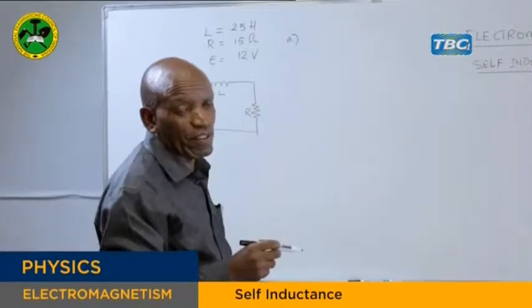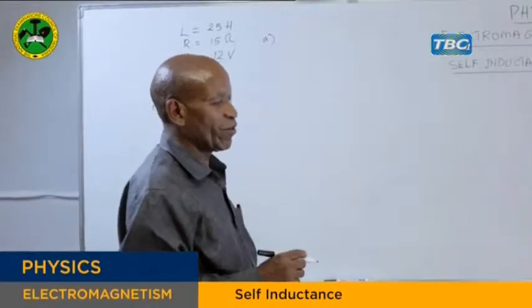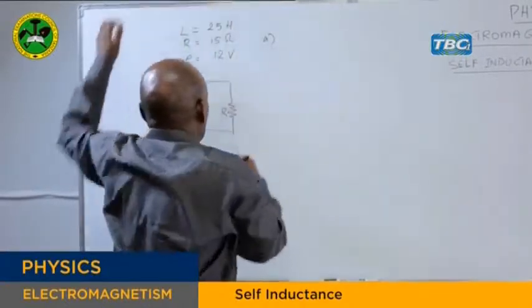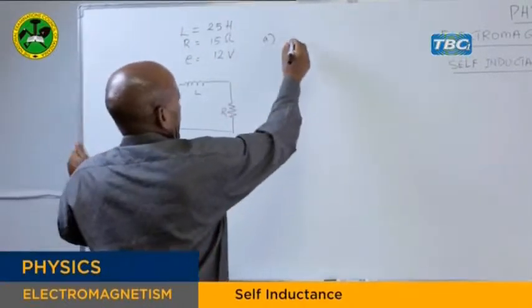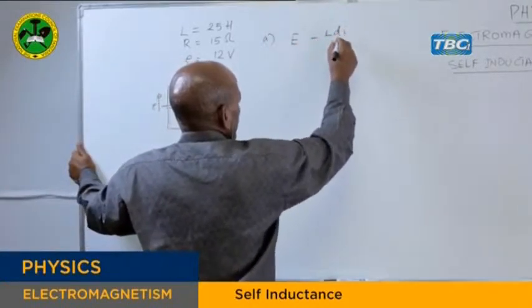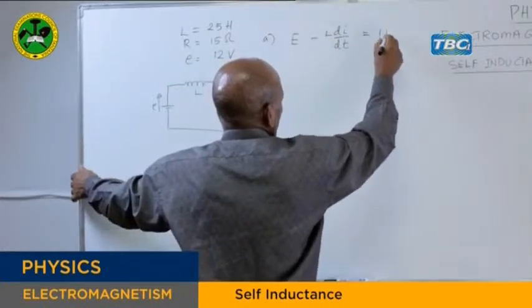From Kirchhoff's law, whenever we want to determine the rate of change of the current immediately after closing the switch, we need to look at Kirchhoff's law for this circuit: E minus L di/dt minus IR equals 0.